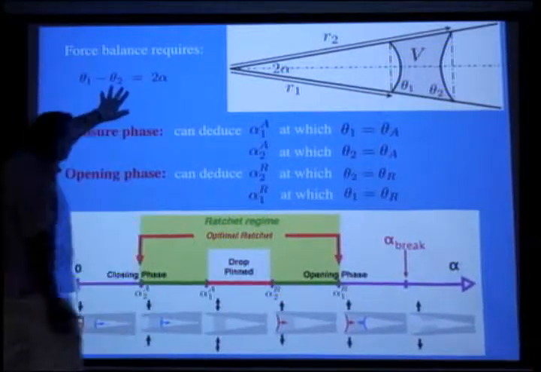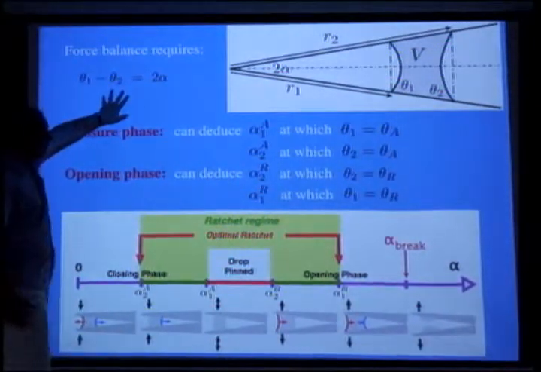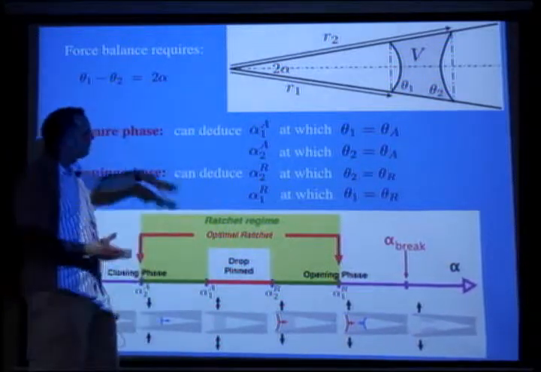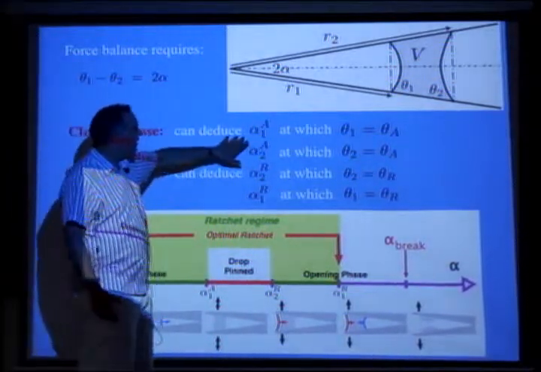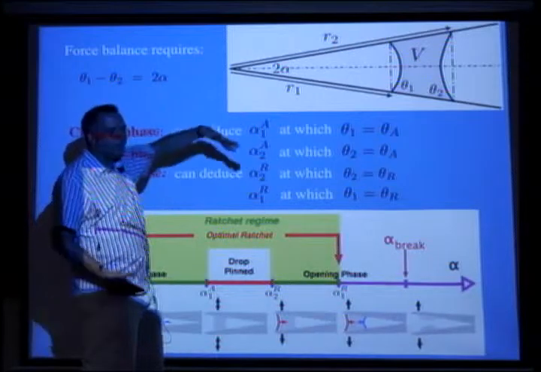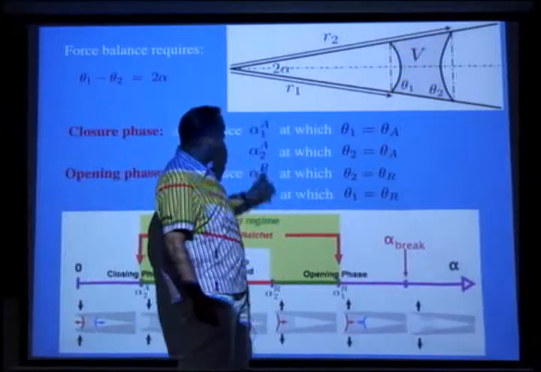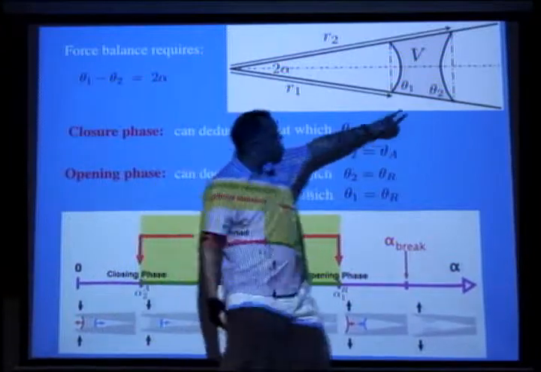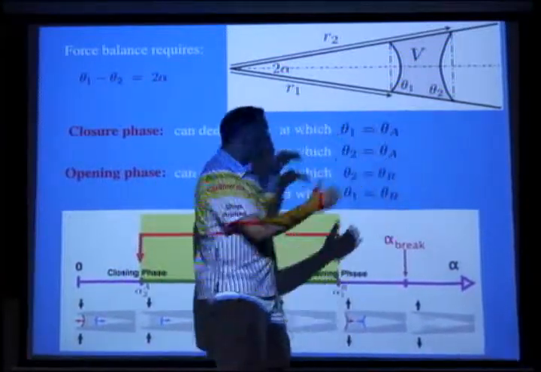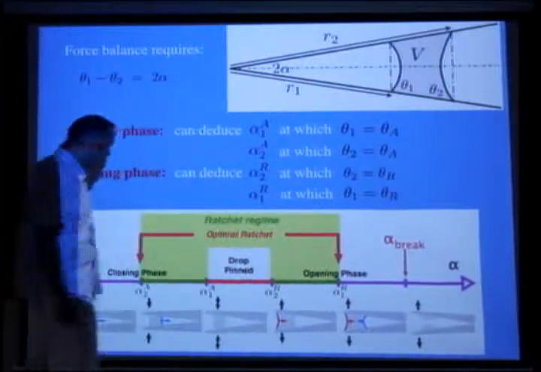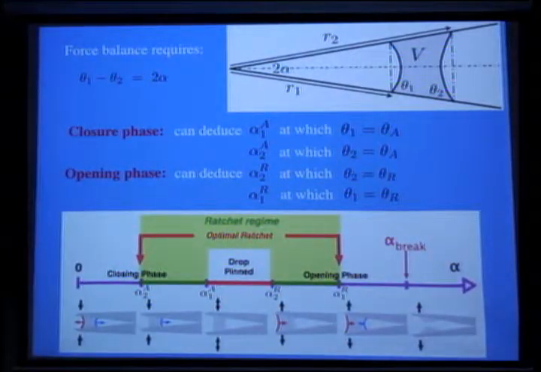Again, you have this asymmetry coming from the force balance. From this formulation, you can find the critical opening angle at which this one will start moving. And you can also find the angle at which the other one will start moving, advancing, and you don't want that to happen. So you want to always cycle between these two angles. And this is basically what you see here.